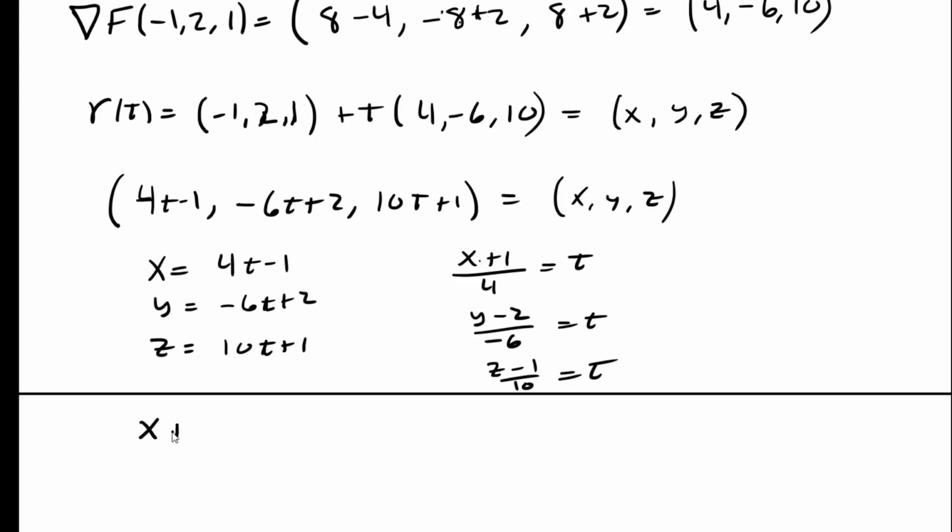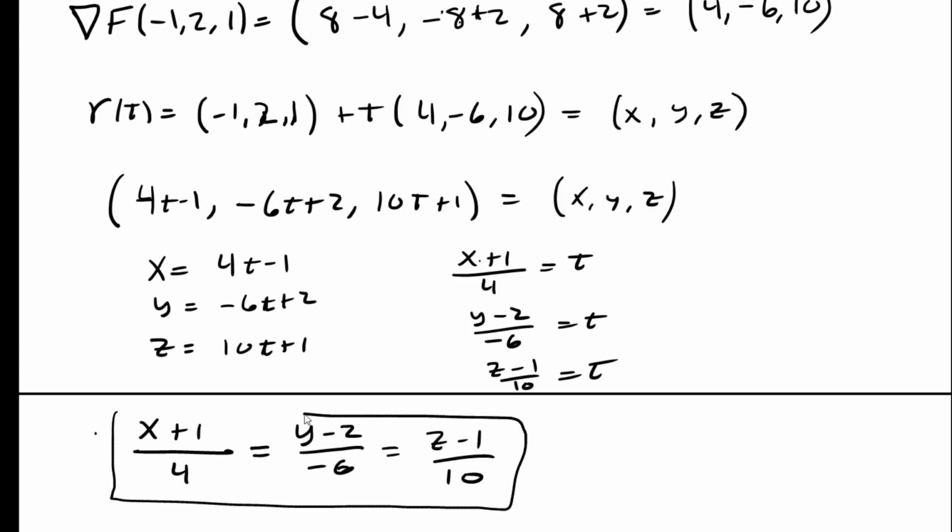I have x plus 1 over 4 equals, because these are all equal to t, y minus 2 over -6 equals z minus 1 over 10. And that's my answer. So if you know the point on the line, these right here are just going to be the negatives of those points, and below the denominators are just the components of your direction vector. So if you know those right away, you can just write it.